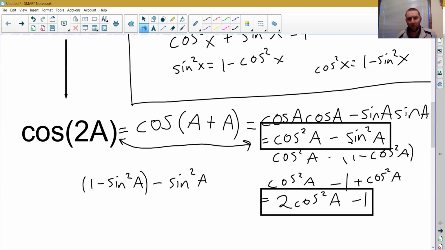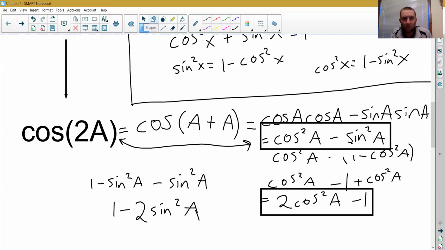In this particular example, these parentheses mean absolutely nothing, so I can go ahead and get rid of those. And 1 minus sine squared minus another sine squared is really 1 minus 2 sine squareds. If I subtract a sine squared and then subtract another one, I've really taken away 2 of them. So I end up with this expression here, 1 minus 2 sine squared A.